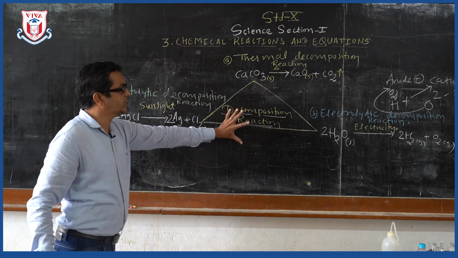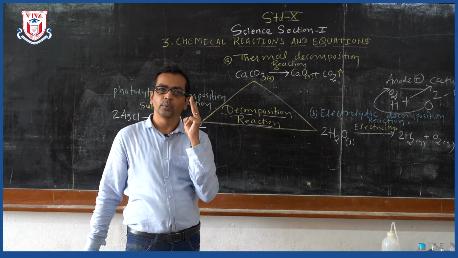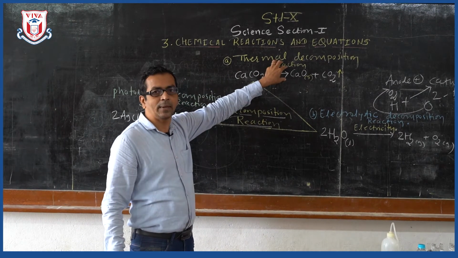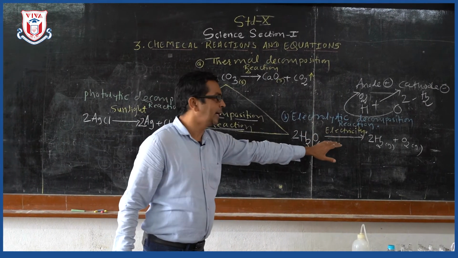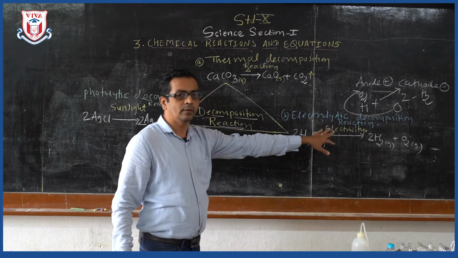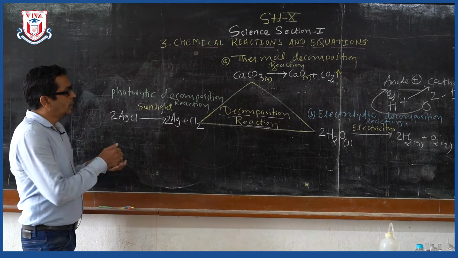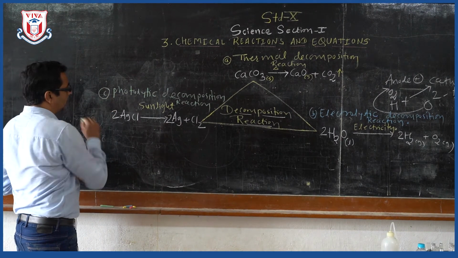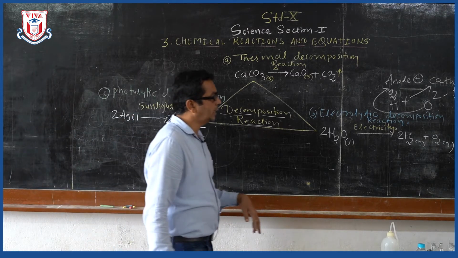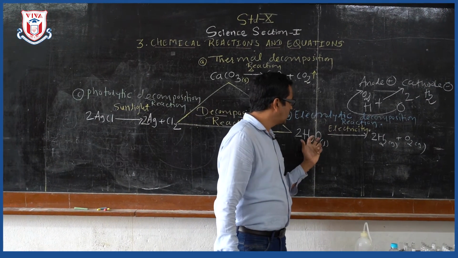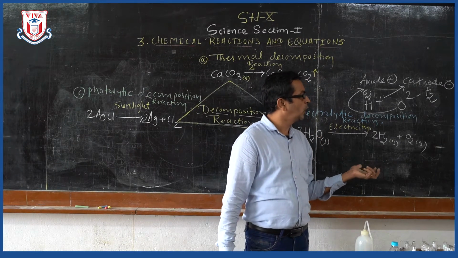So decomposition reactions, depending upon the condition used, are classified into three types. When heat is supplied, it is called thermal decomposition. When electricity is supplied, it is called electrolytic decomposition. And when sunlight is used, it is called photolytic decomposition.